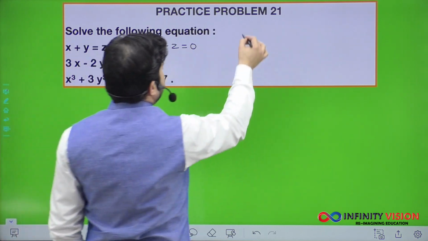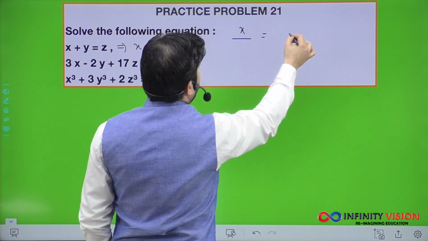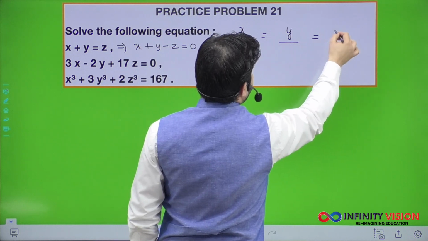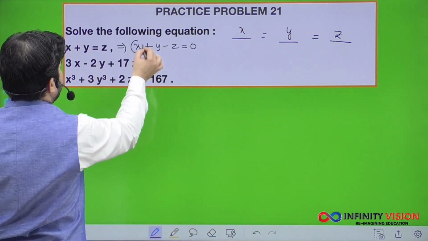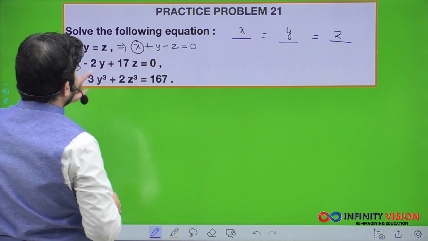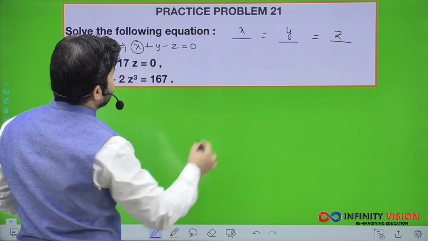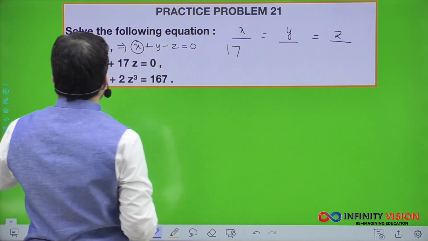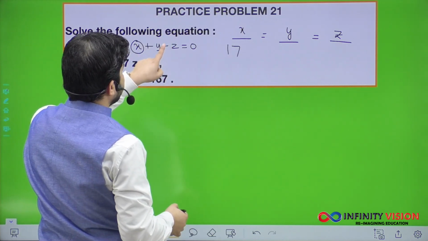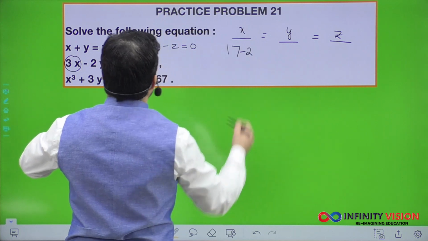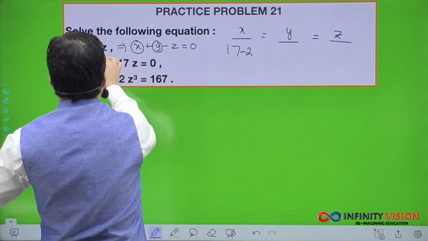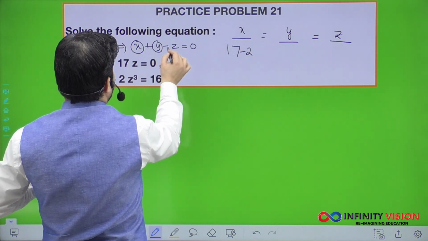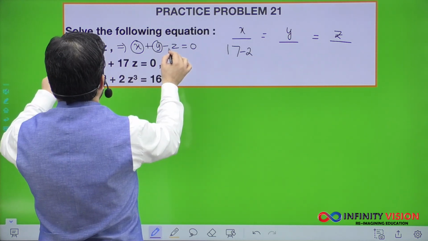And then you are going to write x upon, y upon, z upon. For x, you're just going to hide your x. So you'll get 1 into 17, that is 17. And minus 2 into minus 1 is plus 2. So you're going to write minus 2. And for y, you're just going to hide your y. So minus 1 would go with 3.